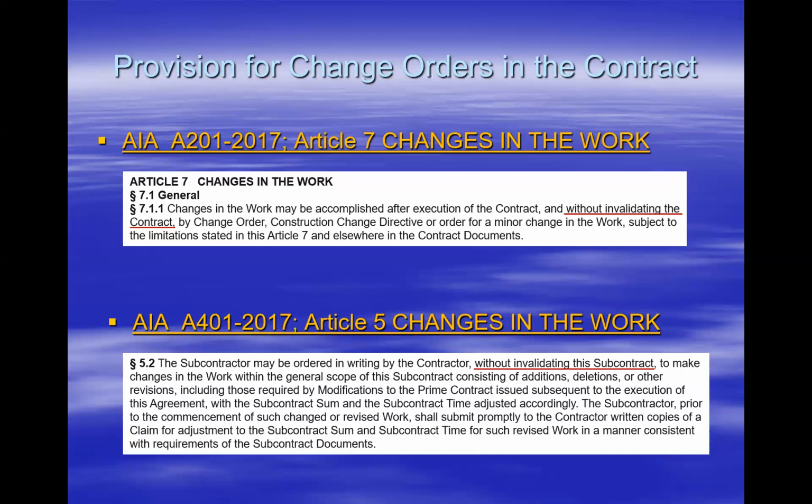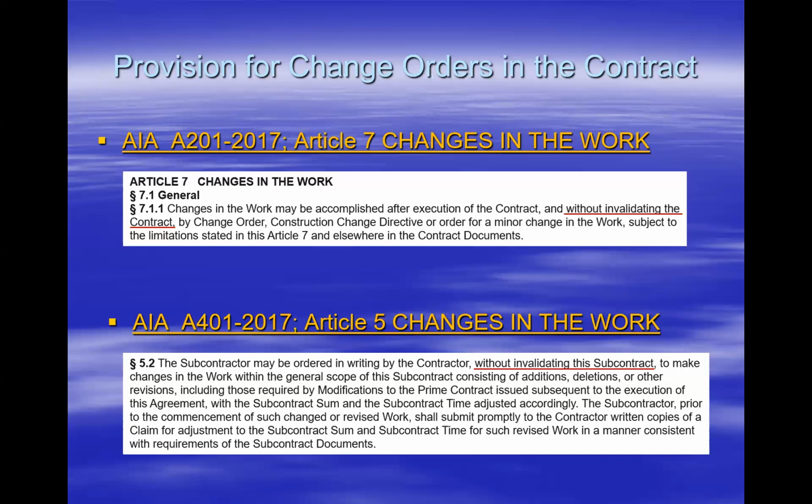The subcontractor may be ordered in writing by the contractor, without invalidating this subcontract, to make changes in the work within the general scope of this subcontract, consisting of additions, deletions, or other revisions, including those required by modifications to the prime contract issued. I'm going to stop right there.